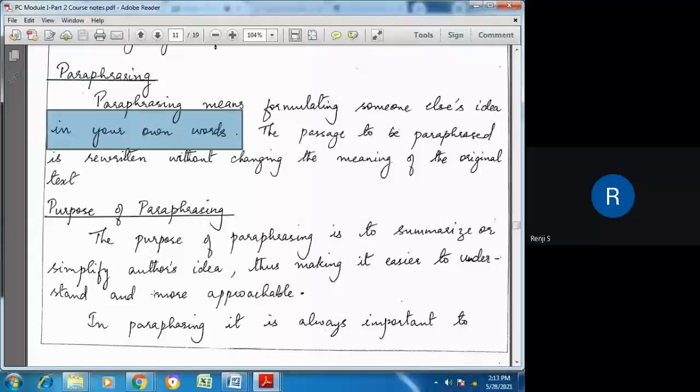So it is just like reading some paragraph and writing it in your own words. That is called paraphrasing. The idea is not yours. Since the idea is not yours, you have to cite from where you had taken this material. You have to refer to the author who had written this material.